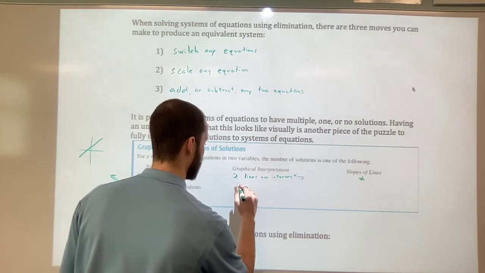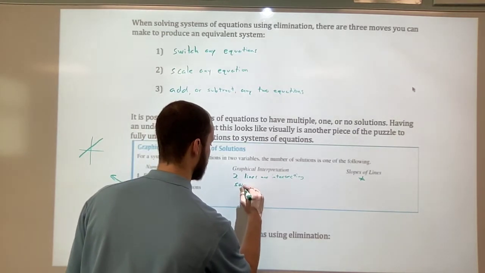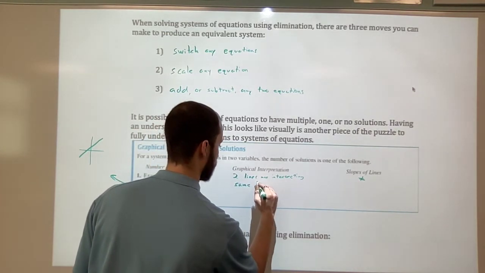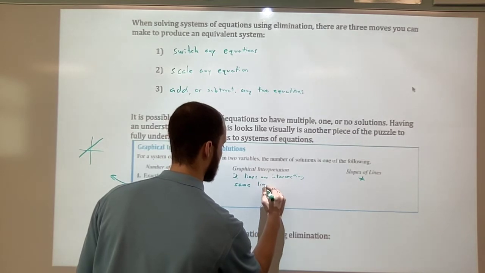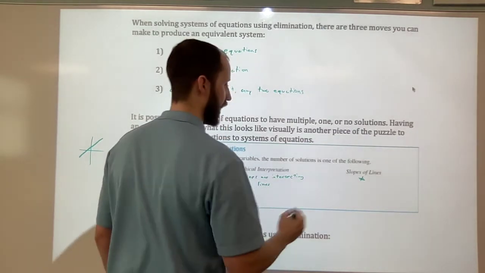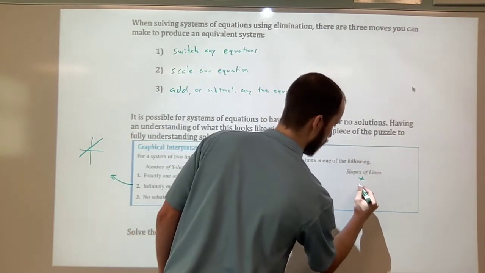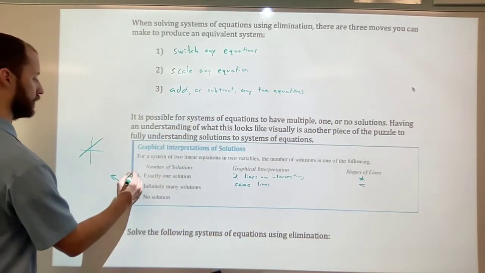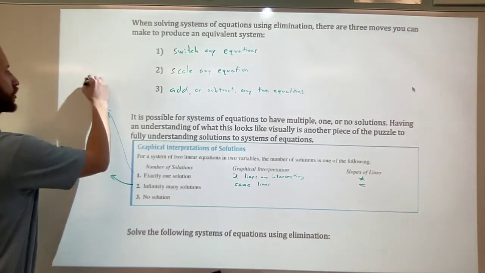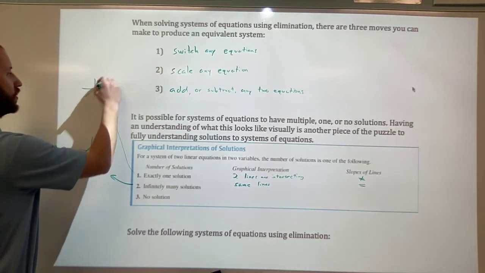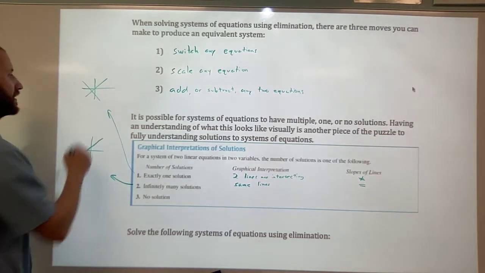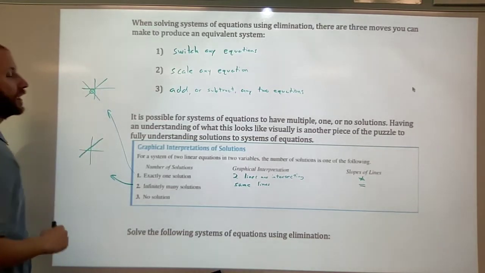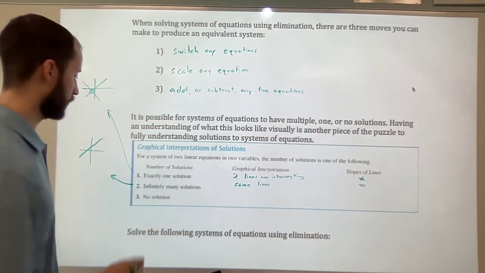So that means these are the same lines. That would also mean their slopes are equal. We're going to draw the first situation also. Two different lines intersecting, different slopes.